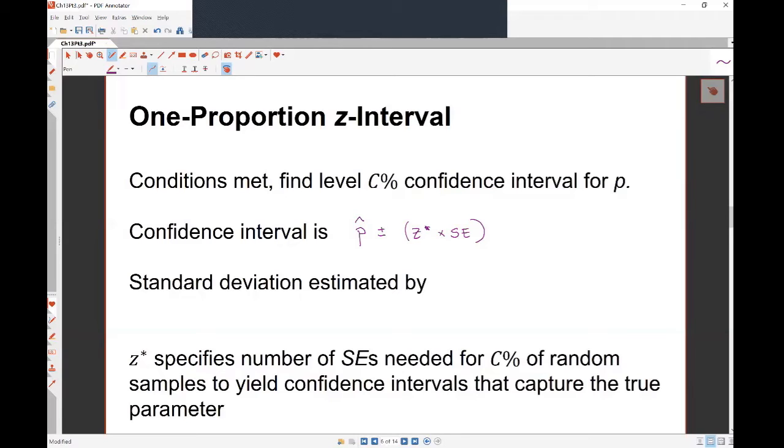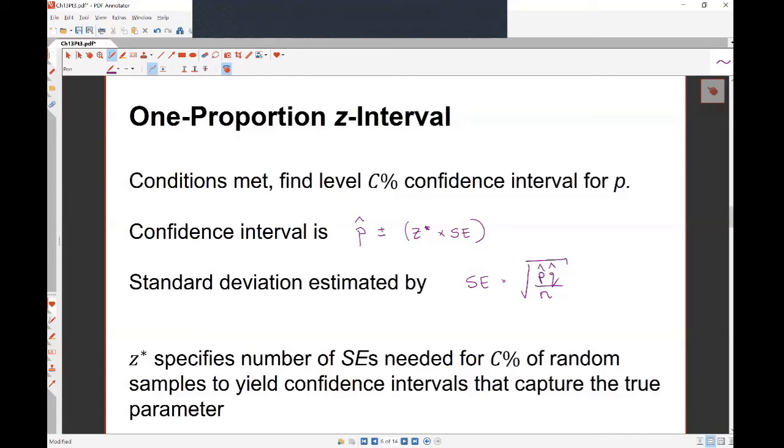So our standard deviation is estimated by the standard error, which I'll just write the formula down one more time, is given by the square root of p hat times q hat over n. So we need to know our sample proportion p hat, we need to know our standard error, and based on the confidence level, the C% that we specify, we need to find a specific critical value Z star.